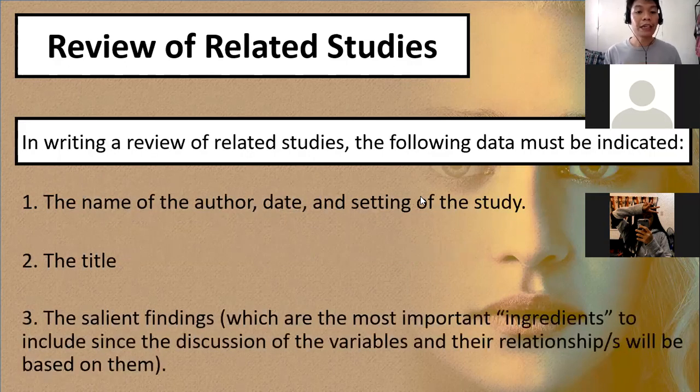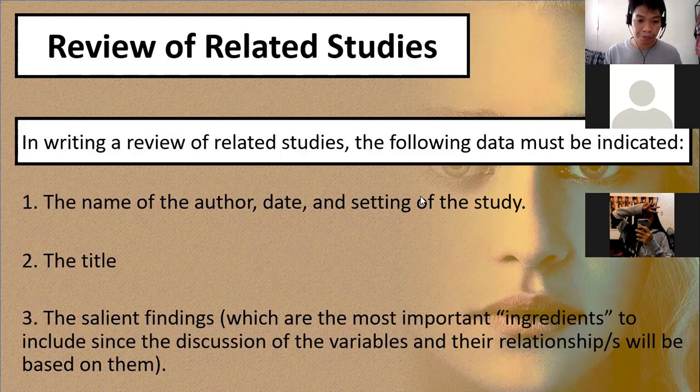In writing a review of related studies, the following data must be indicated. First is the name of the author, the date and the setting of the study, the title, and the salient findings, which is the most important in a review of studies. What are the results of the study? What are the findings?